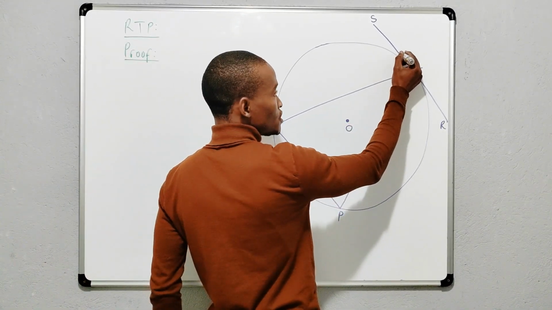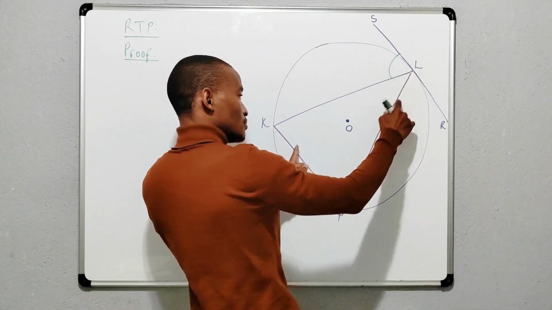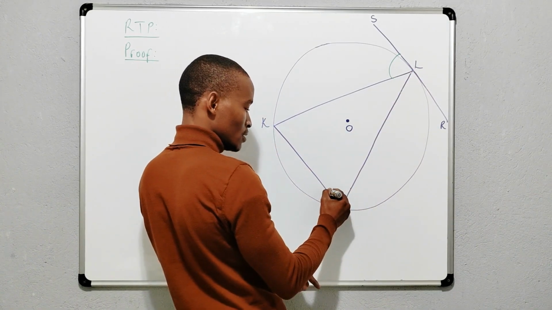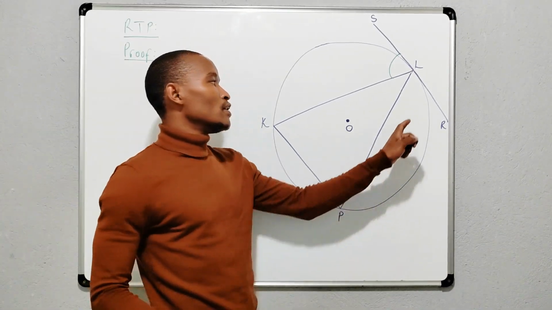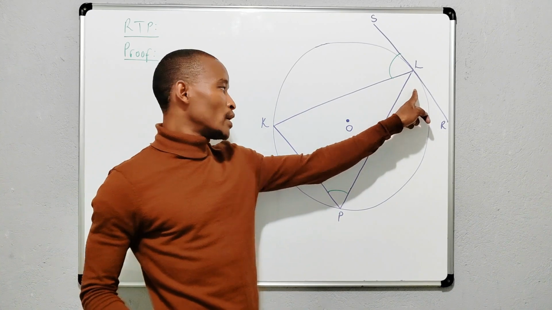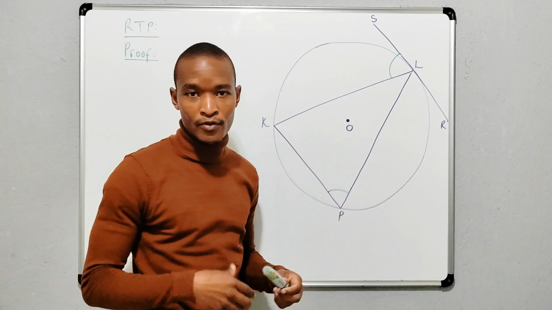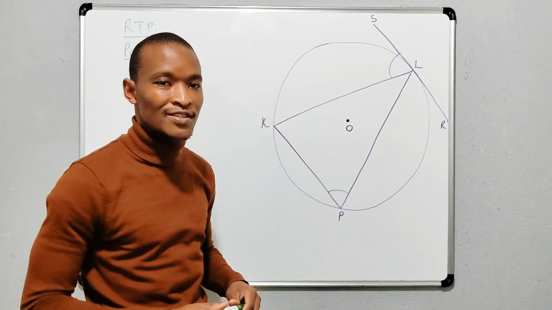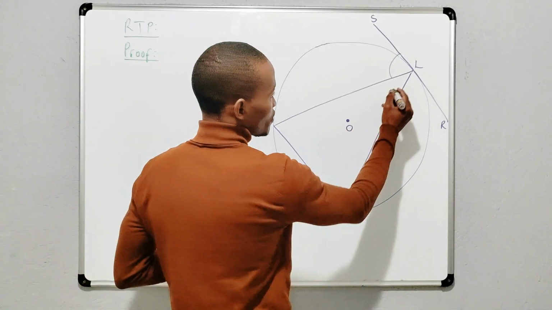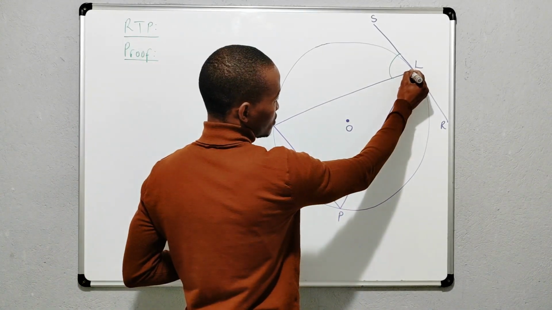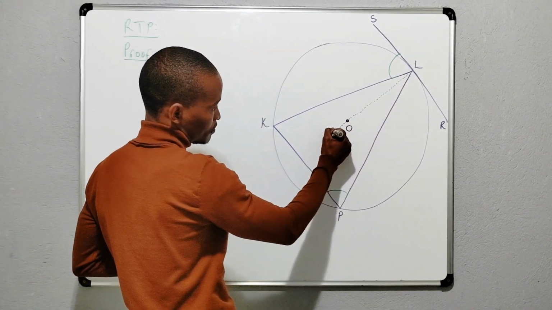So if you choose this angle right here, chord KL subtends angle P. So you need to prove that it is equal to angle P. If you had chosen this angle, then you would need to prove that it is equal to angle K. So for enrichment, try that after watching this video. Okay, so let's go for it. Here is our construction. Diameter there.